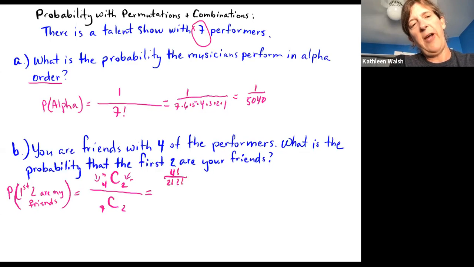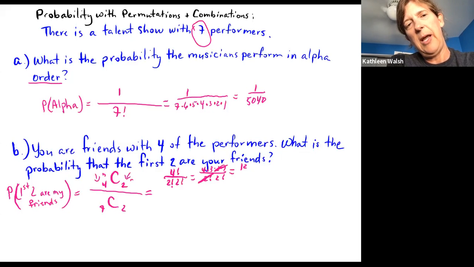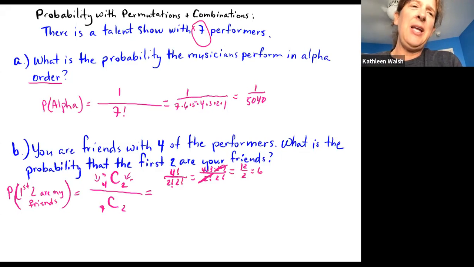My 4 factorial is broken down into 4 times 3 times 2 times 1 over 2 factorial times 2 factorial, but guess what? I can knock out this 2 factorial with that 2 times 1. What I get is 4 times 3 is 12, and 2 factorial is 2 times 1, 2, and that is equal to 6. But we're not done, are we? That is my numerator.